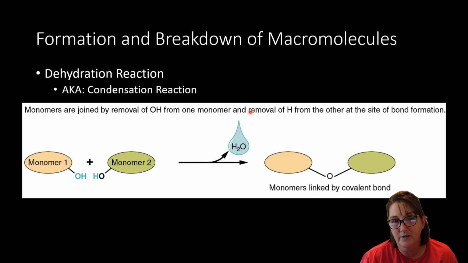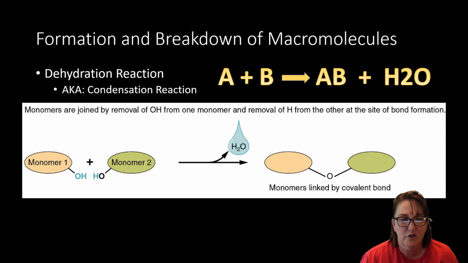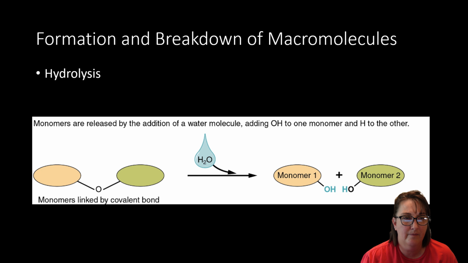This water leaves, and then that oxygen is covalently bonded between my two monosaccharides. My two carbohydrates will be bonded together. They also call this a condensation reaction because I'm condensing to make water. So my formula is A plus B equals AB plus water.